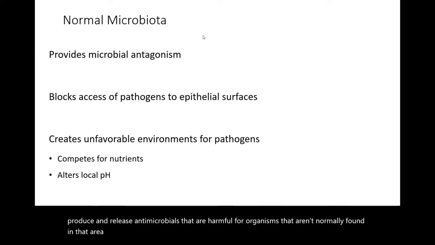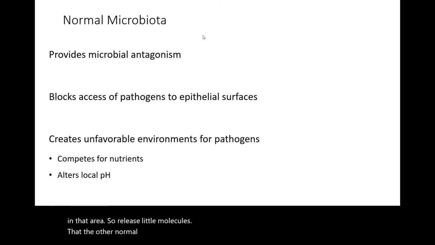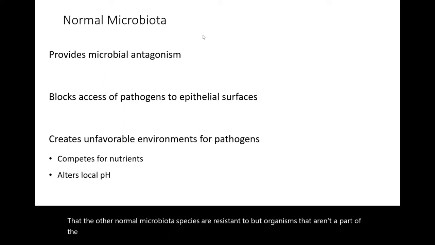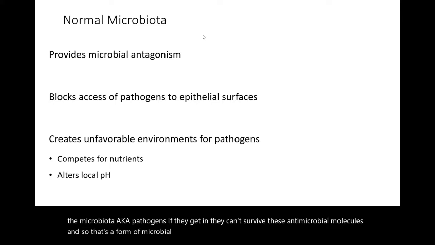So they release little molecules that the other normal microbiota species are resistant to, but organisms that aren't a part of the microbiota, aka pathogens, if they get in, can't survive these antimicrobial molecules. And so that's a form of microbial antagonism because the microbes are trying to harm other foreign microbial pathogens.